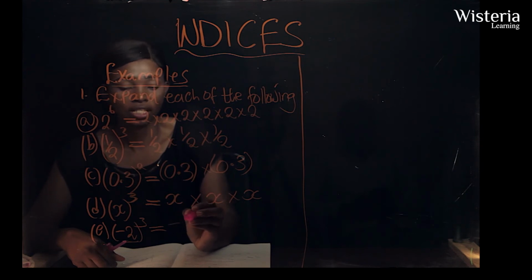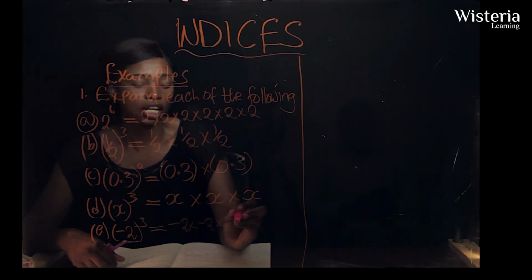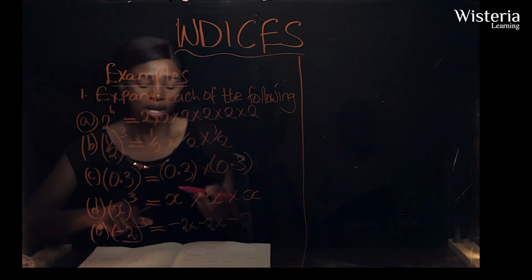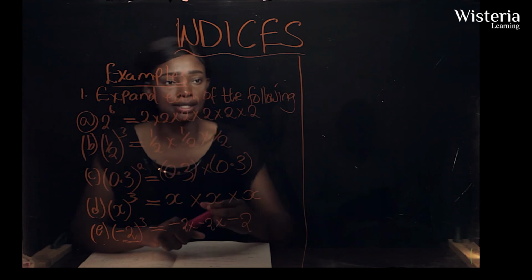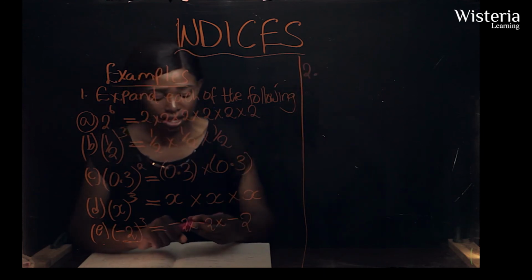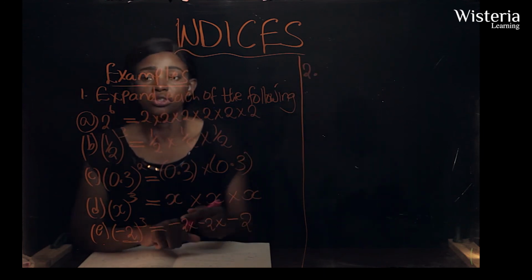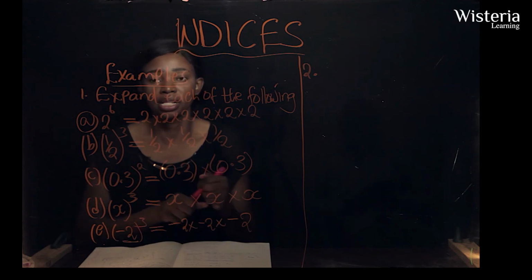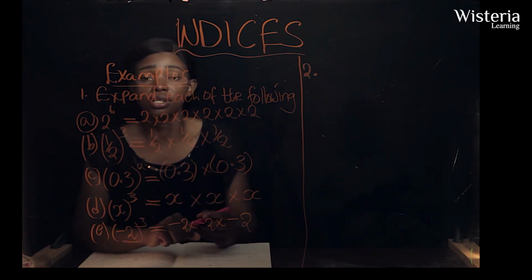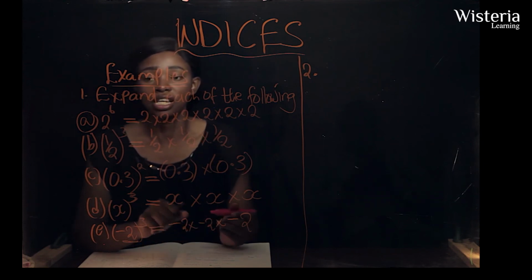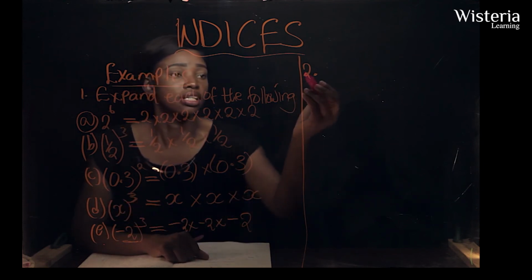So it will be negative 2 times negative 2 times negative 2. This is the expanded notation. The question just required us to expand. Then we can go on to evaluate the same questions that we've been given in expanded notation.